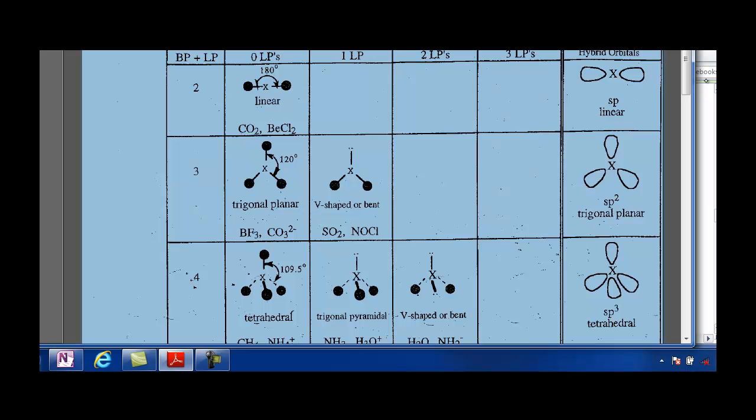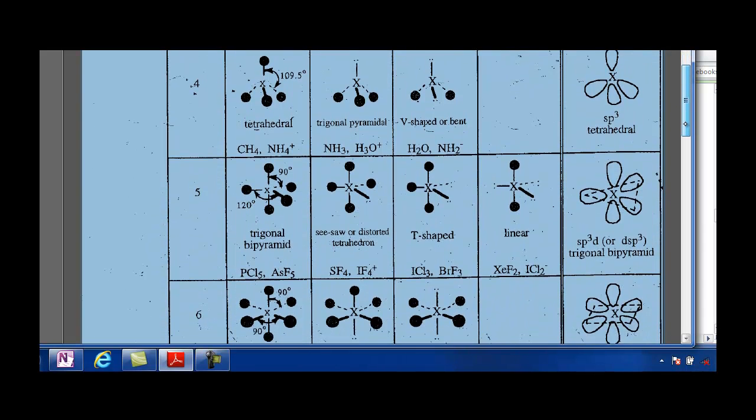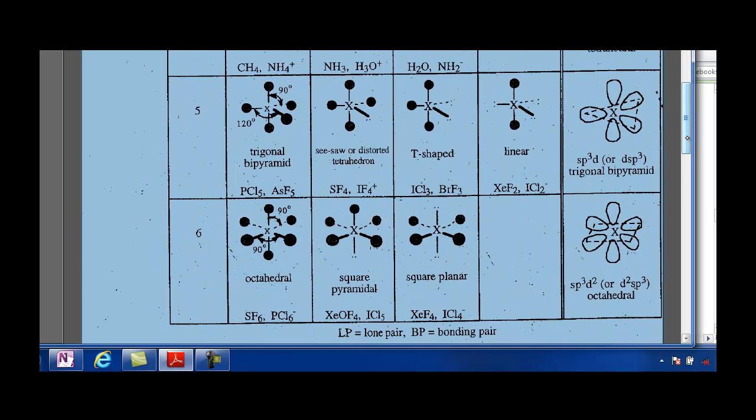Okay, let's look at some examples which do not obey the octet rule. We have PCl5 we'll do first, SF4, ICl3, XeF2, SF6, so we have a few. We have a good 7 more examples coming. And again, this table is backwards.